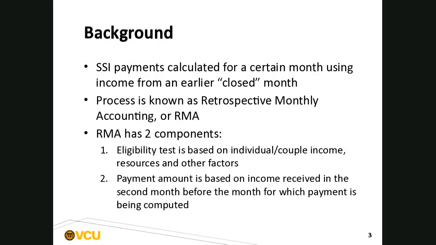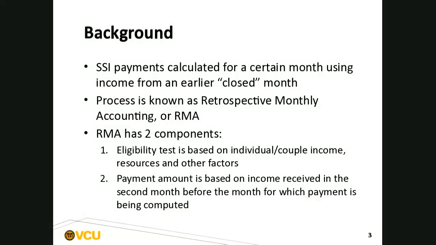When it comes to understanding how this process works, there are a few terms and two concepts that are important to wrap your head around. One is that this month, right now, the month in which the person would be receiving a benefit, there's an eligibility test that the person has to meet to be able to receive whatever benefit they're going to receive this month.